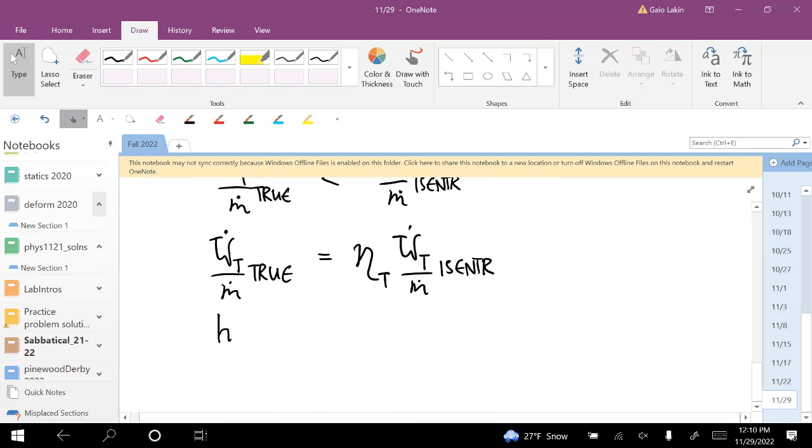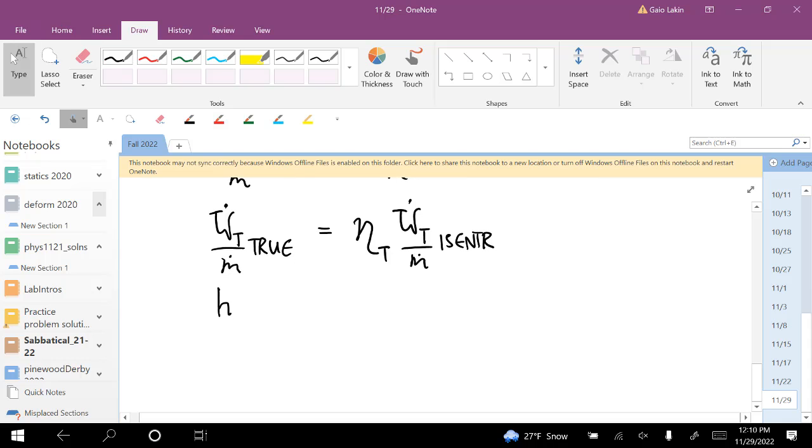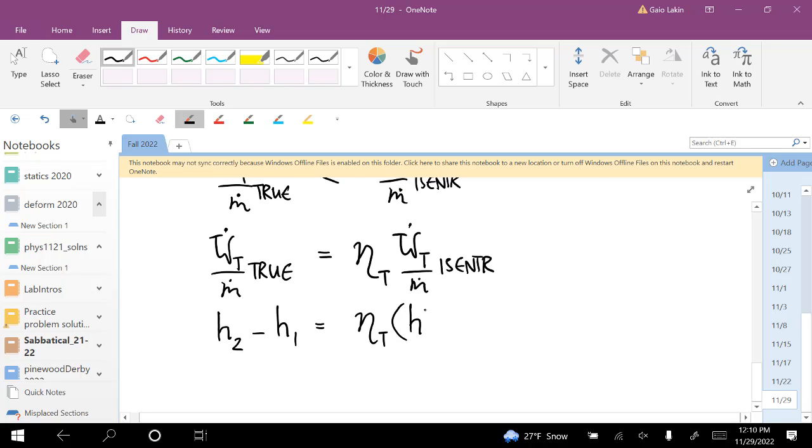Okay, so you can rewrite this because we have an expression in terms of enthalpies for the turbine work rate over the mass flow rate. So H2 minus H1 is equal to the isentropic efficiency times H2S minus H1.